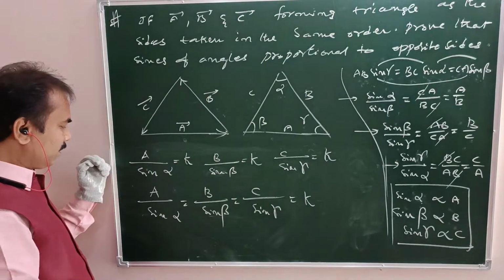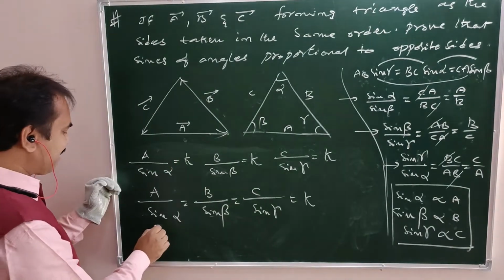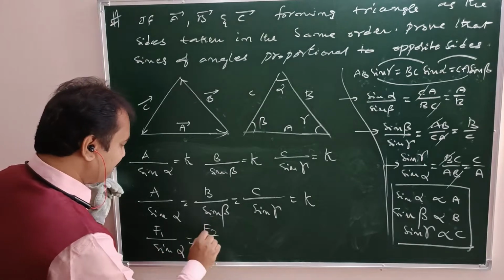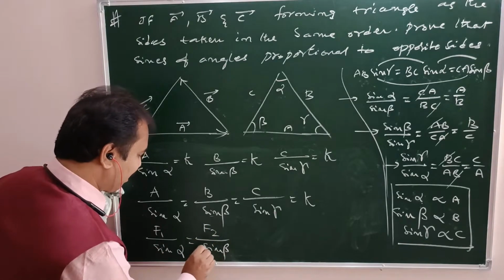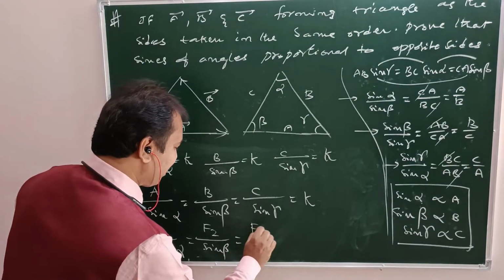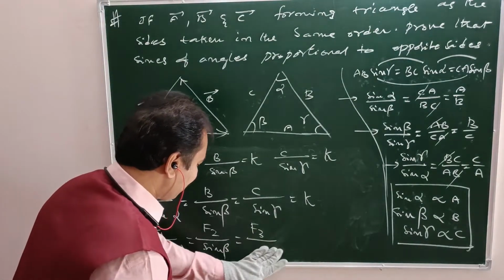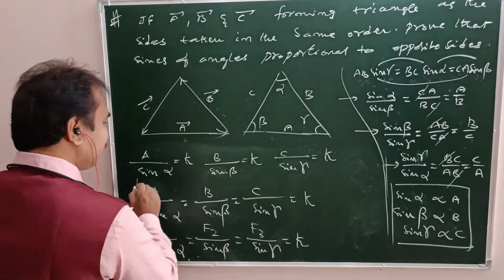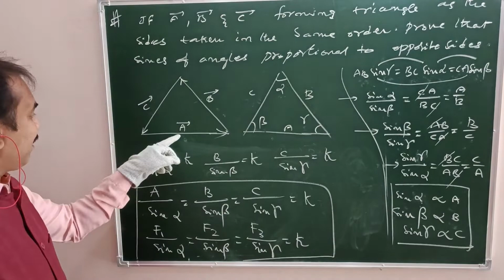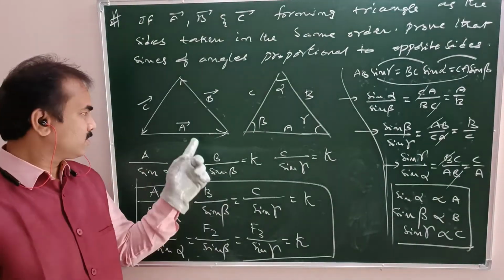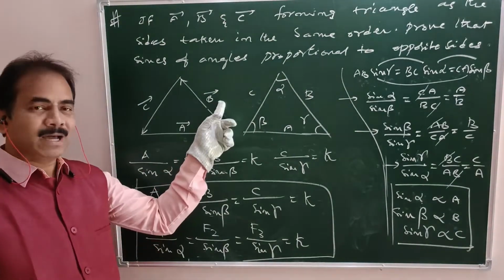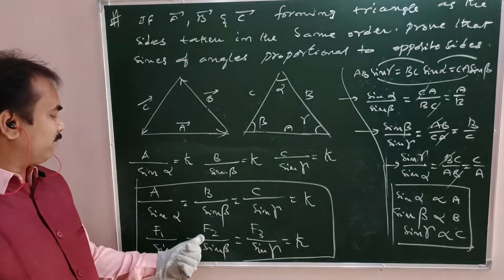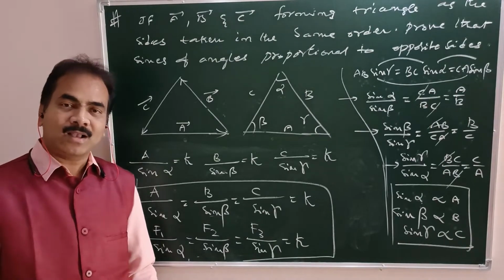Then the same can be written as F1 by sin alpha equals F2 by sin beta equals F3 by sin gamma, which is constant, right? So I am replacing the three vectors A bar, B bar, C bar by the force vectors F1 bar, F2 bar, F3 bar.